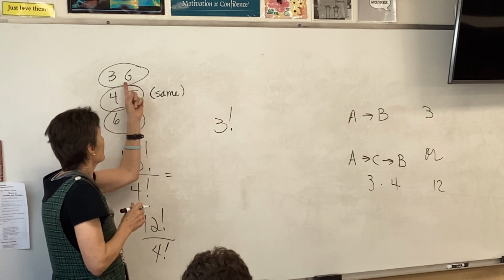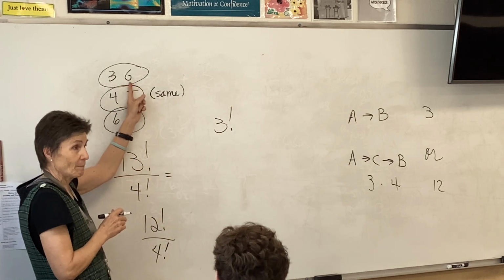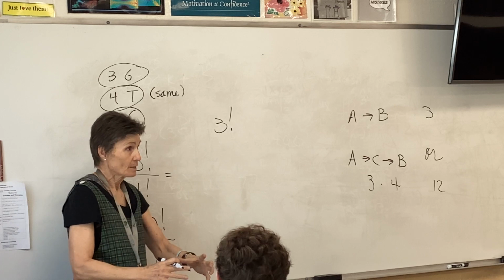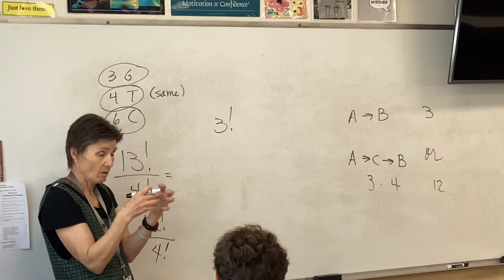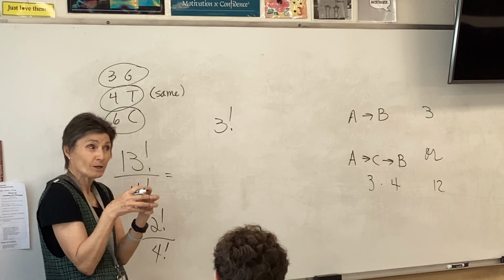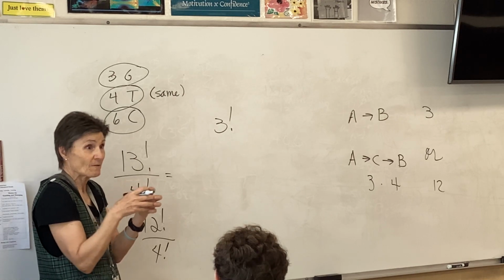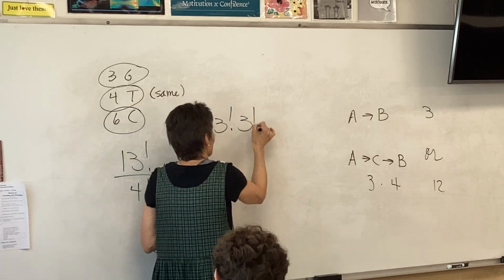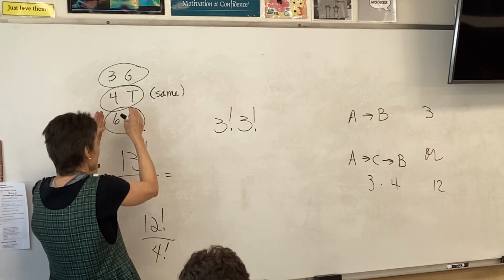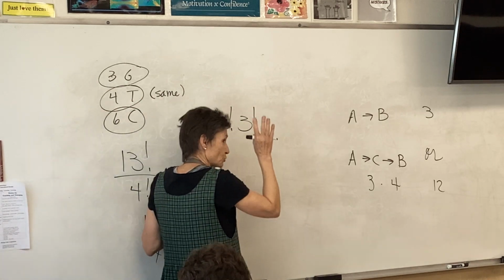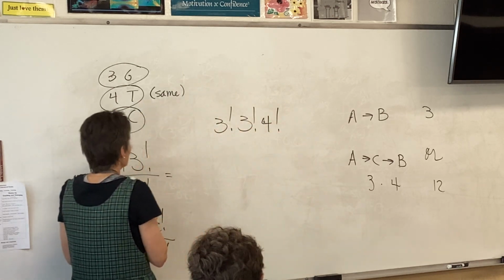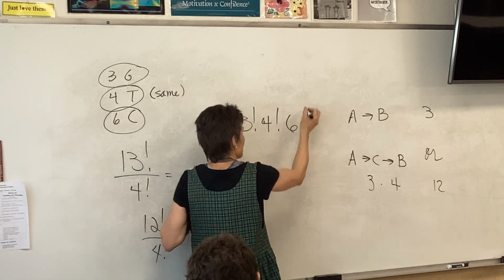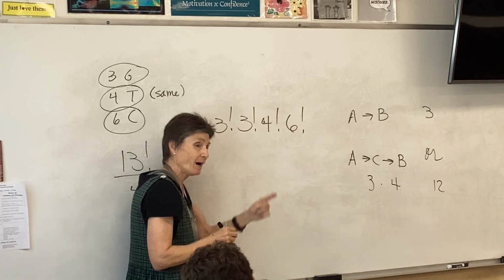But when I tied a string around my geometry books, there were 3 of those. Those 3 themselves in their little cluster could have been rearranged 3 factorial ways. And the trig books, just hold your horses, could have been arranged 4 factorial ways, and the calculus books 6 factorial ways.